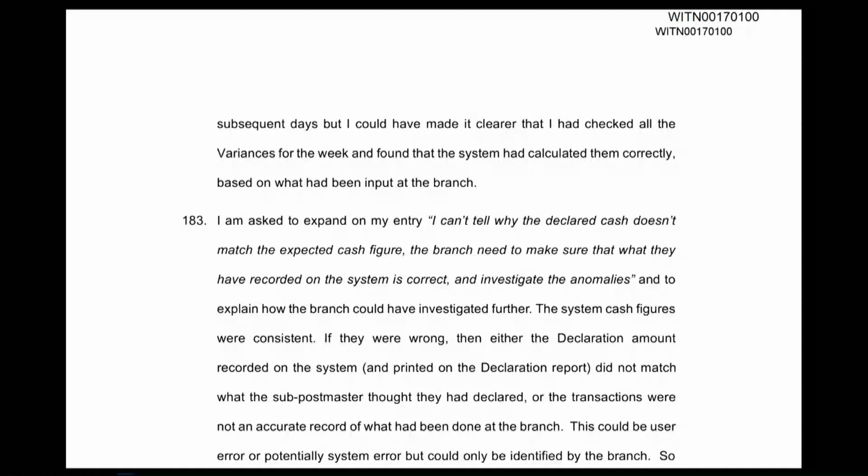Can we look at your witness statement, please, at paragraph 183, which is on page 52, where you were asked about this entry.